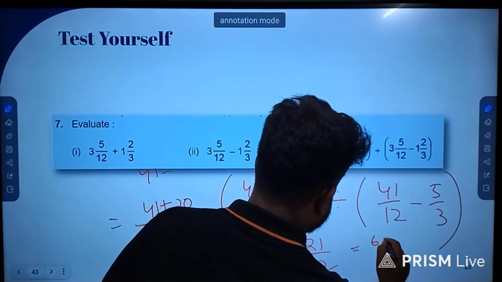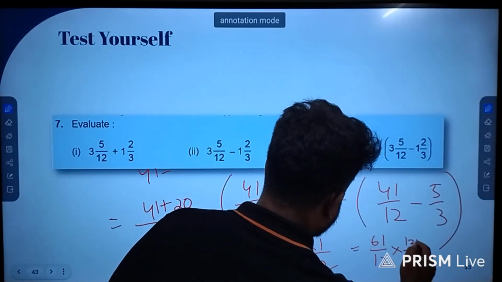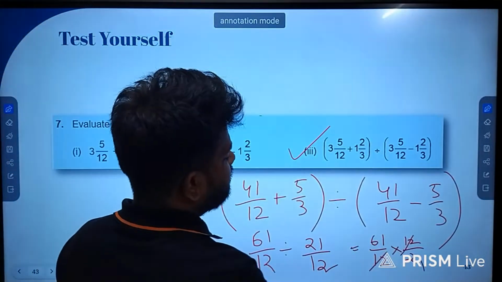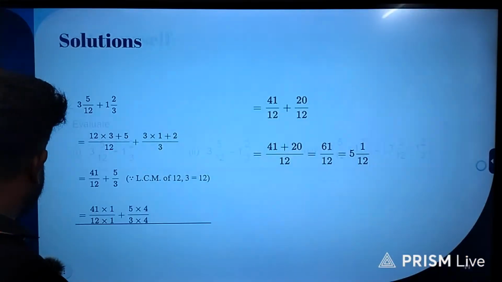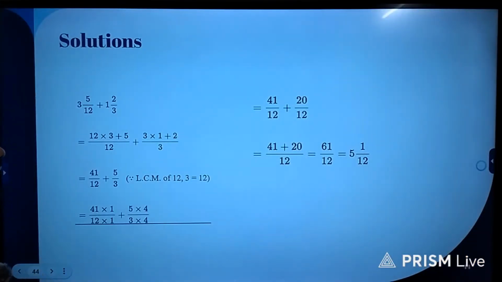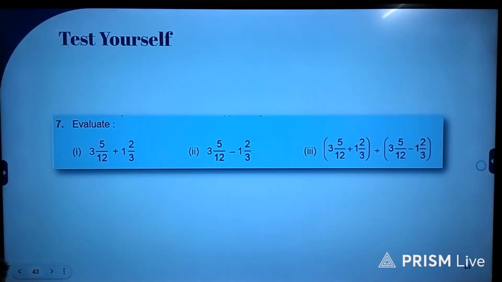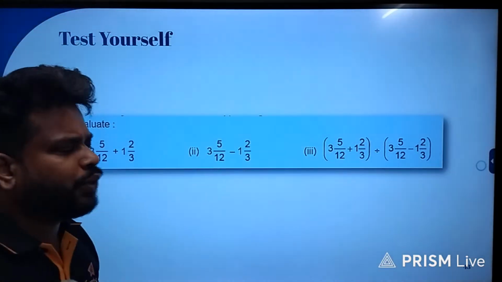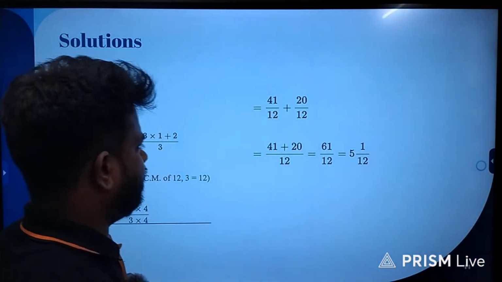So it will be 61 by 12 into 12 by 21. 12 and 12 will get cancelled out and the final answer will be 61 by 21. Okay. Yes, 61 by 12. Oh sorry, maybe I mistakenly wrote 12 as 21, so it will be 12. Yes, they have done it right here.